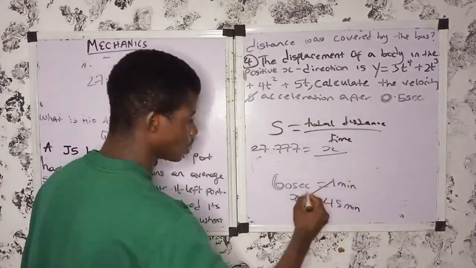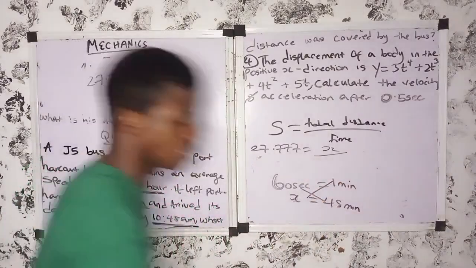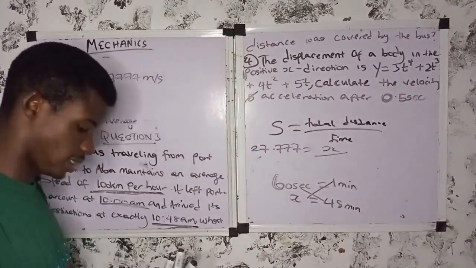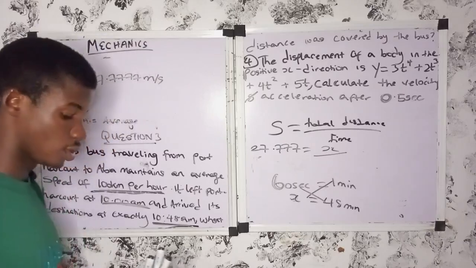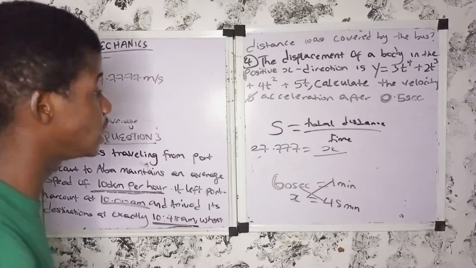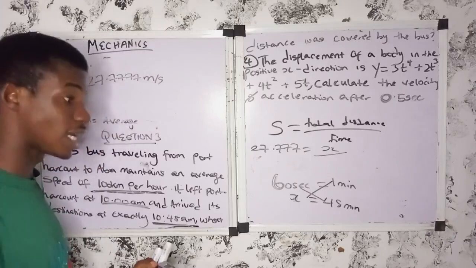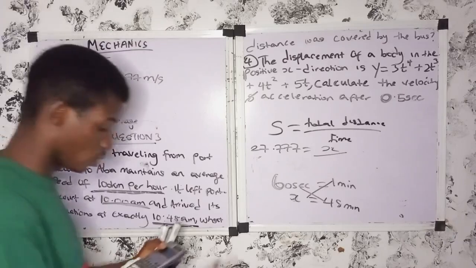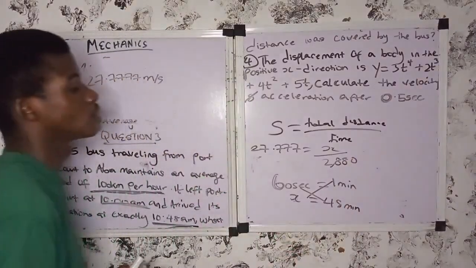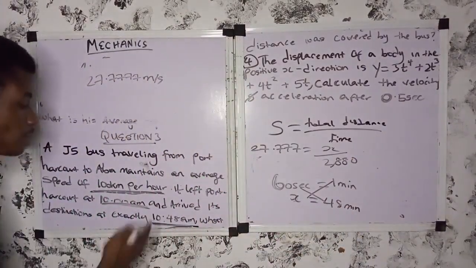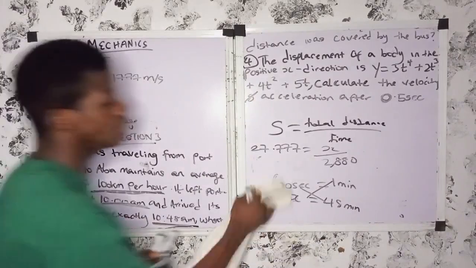If we cross multiply, 48 times 60 will give us 2,880 seconds. So we have successfully converted from minutes to seconds.